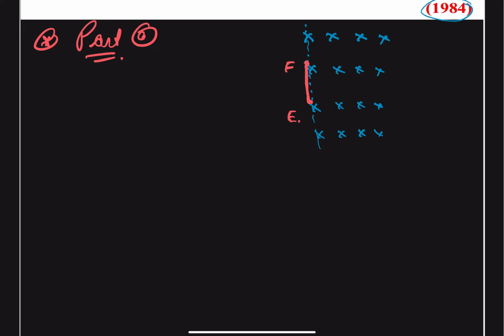The electron or charged particle enters in this direction, and as soon as it enters the magnetic field, it is going to follow a little bit of circular path and leave the point F in this direction.